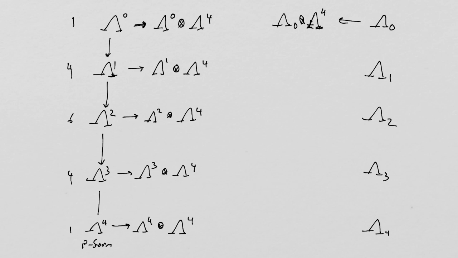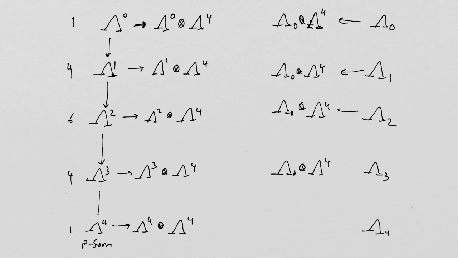That's what we're dealing with, is the p-form. Lambda 0, 4, lambda 0, 4, lambda 0, 4, lambda 0, lambda 4. Okay, so we have all of these guys.